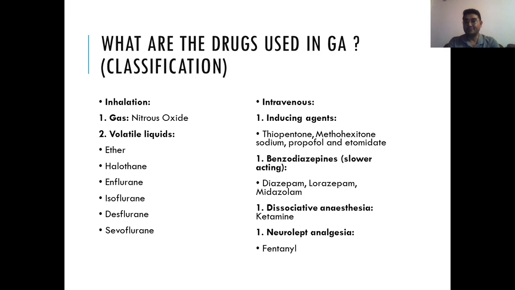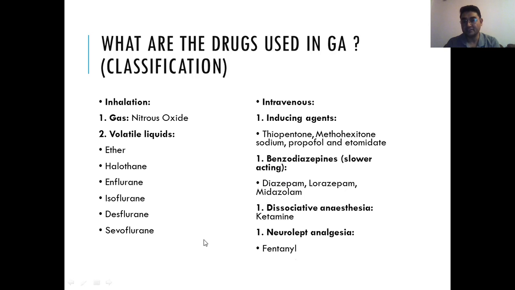Then benzodiazepines: diazepam, lorazepam, midazolam. Among these three, midazolam is the best choice used nowadays. For dissociative anesthesia, ketamine is used, and we will talk about ketamine, propofol, and thiopentan later.